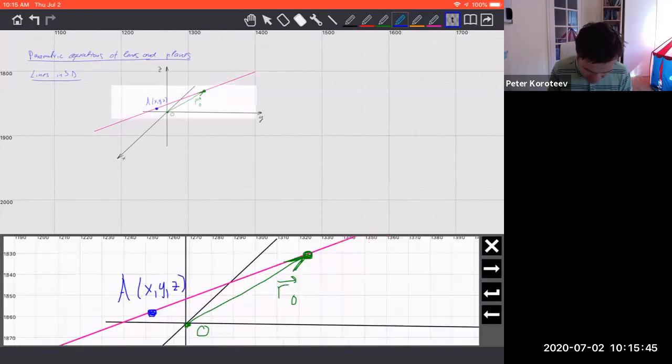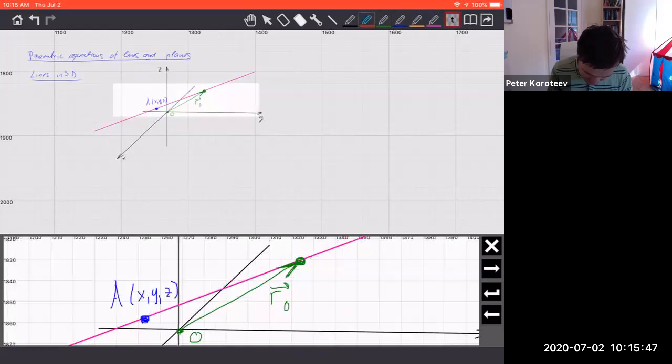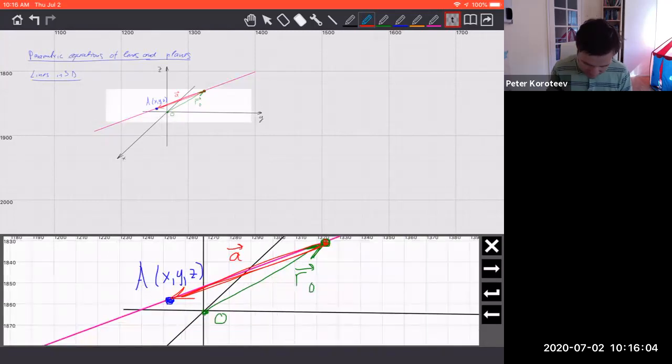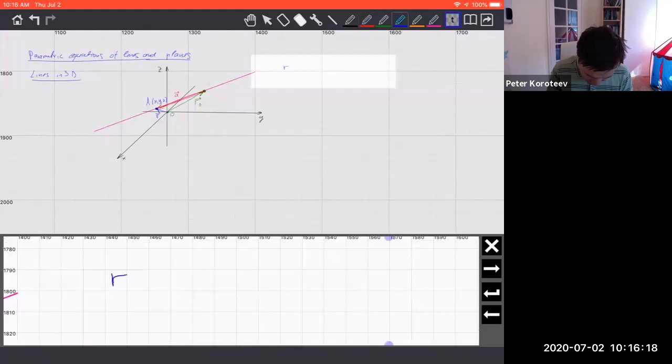Then let's draw a vector whose tail is at the endpoint of the radius vector R0, and whose tip is at A. Let's call this vector little a. Now there's a simple vector addition formula that tells you that if you connect O and A, we can call this R. So R is equal to R0 plus a.